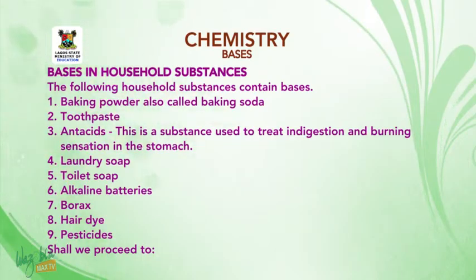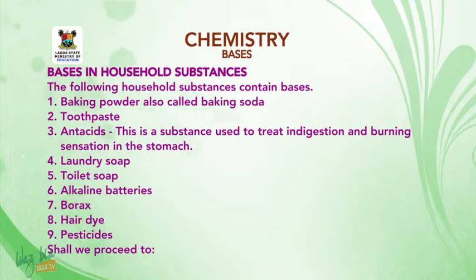This is a substance used to treat indigestion and burning sensation in the stomach. 4. Laundry soap. 5. Toilet soap. 6. Alkaline batteries. 7. Borax. 8. Hair dye. And 9. Pesticides.